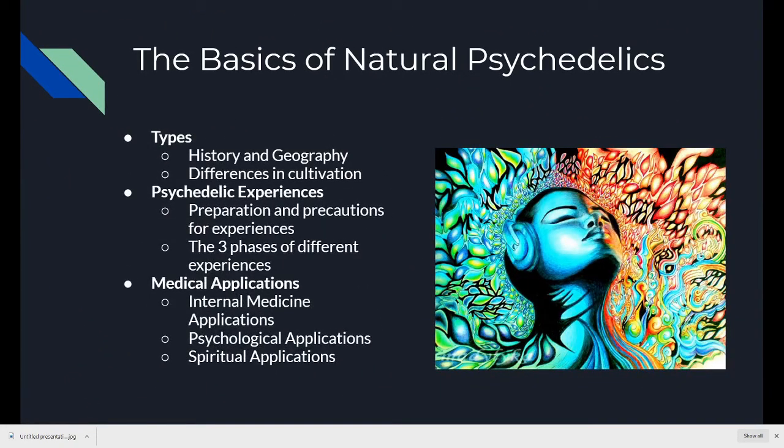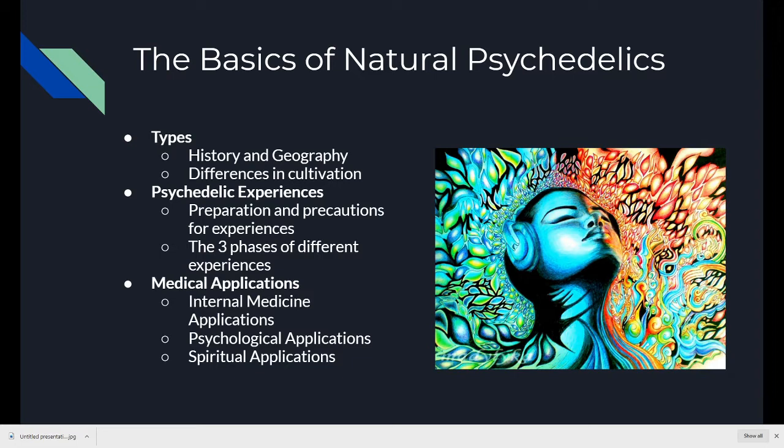So here are the basics. Natural psychedelics come from all over the world and have their own rich history. Every single one is cultivated differently, has a preferred climate, and a preferred geography. Psychedelic experiences require precautions and preparations to be taken because these experiences go through three different phases, which I talk about more in my psychedelic applications course.